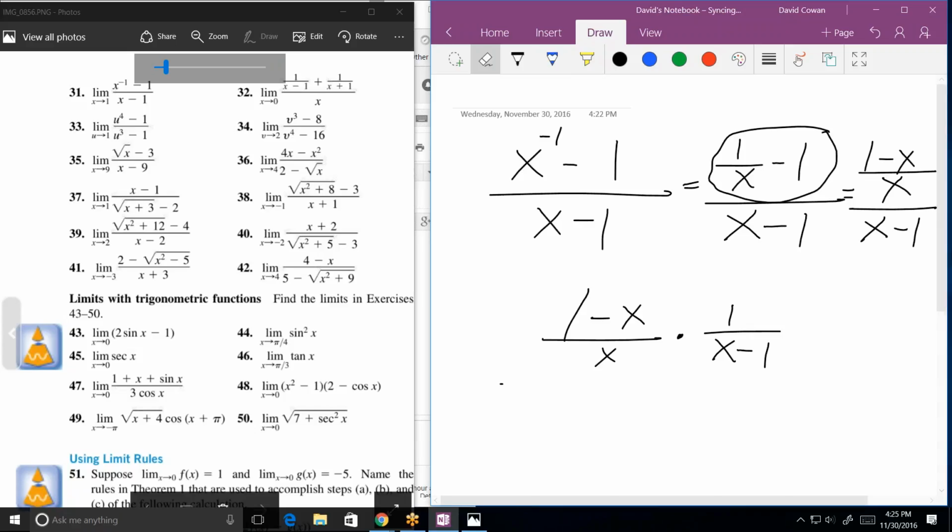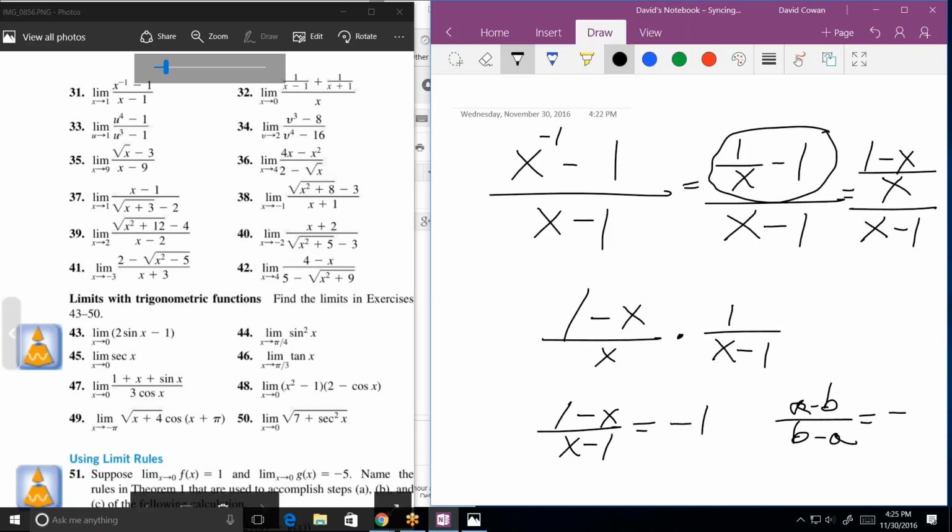Can I do anything with that 1 minus x compared to x minus 1? Almost. 1 minus x over x minus 1 is always negative 1. In other words, A minus B divided by B minus A is always -1, no matter what the numbers are.